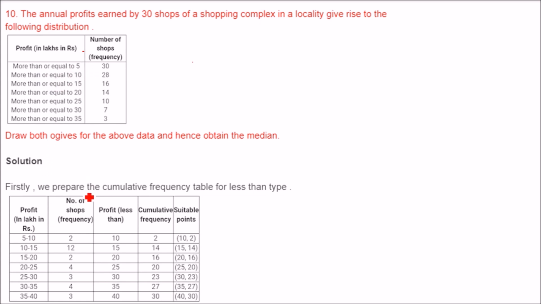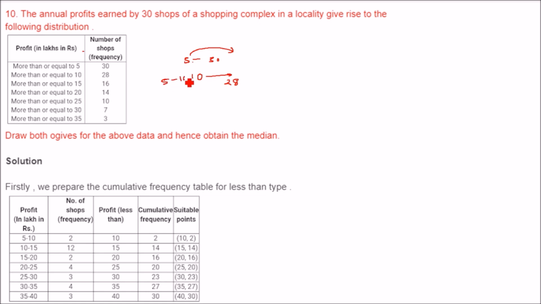When we say more than or equal to 5, we are talking about a certain number of frequencies, so all of these which are higher than 5, that is 30. When we talk about more than or equal to 10, that is going up from 10 until whatever point we need to reach, and this is 28.